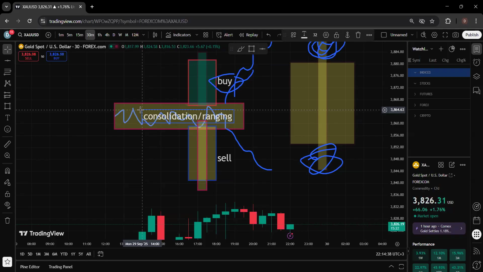Remember, we are not looking at the wicks. We are only focused on the body. So I just need to see a body that will close above this region. Any size of the body, even if it's small, is okay with the breakout. That's the first rule: wait for a breakout. Okay, thank you. Okay, welcome.